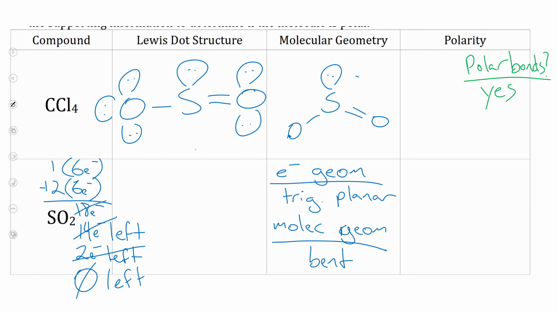And then, does it have the asymmetry? Yes. Because the electron geometry does not have three identical things around it, it's not symmetric. Therefore, polar.